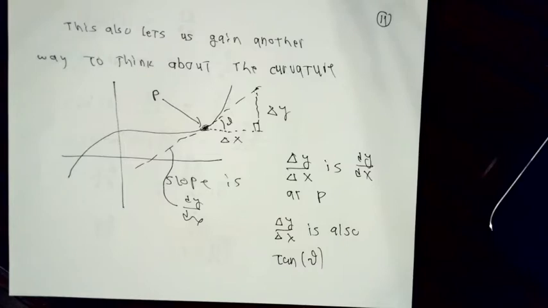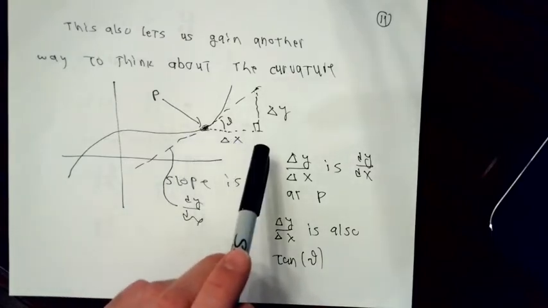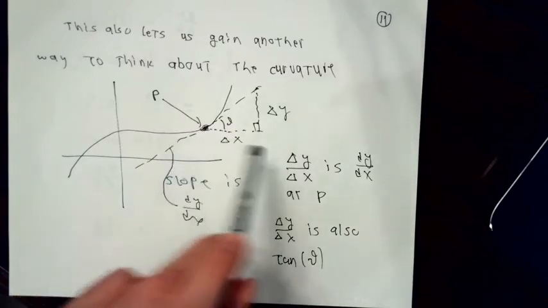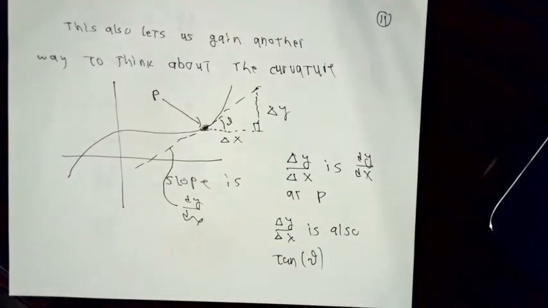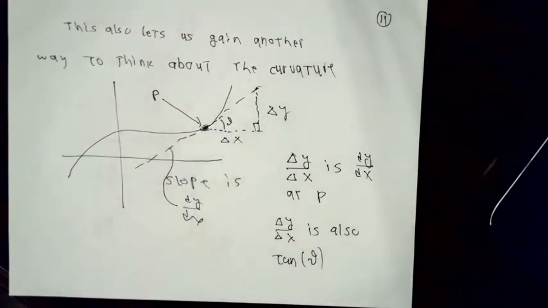On the other hand, if you're on that tangent line and you went delta x sideways and delta y in the up and down direction, divide delta y by delta x, that will be the slope of that straight line. But horizontal on the bottom, vertical up and down, that's the tangent of the angle that the tangent direction of the curve makes with the horizontal.